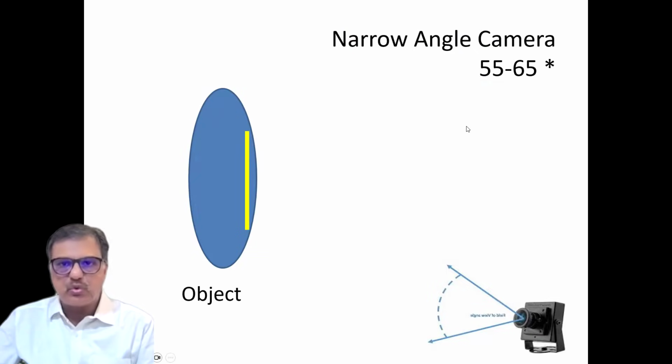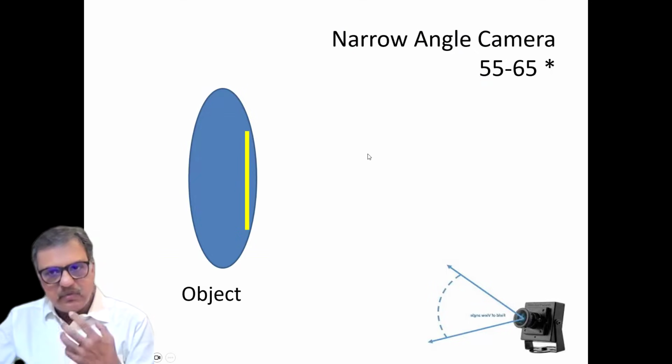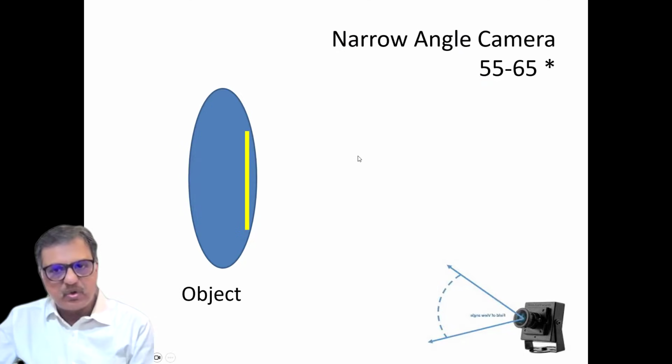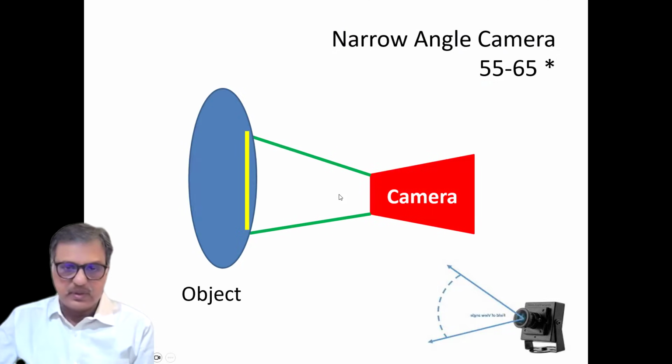A few videolaryngoscopes have a narrow angle camera, which is less than 65 or around 65 degrees. When you are using the narrow angle camera and you place the camera in front of the object, you're not able to see the complete view of the object because it has a narrow angle.